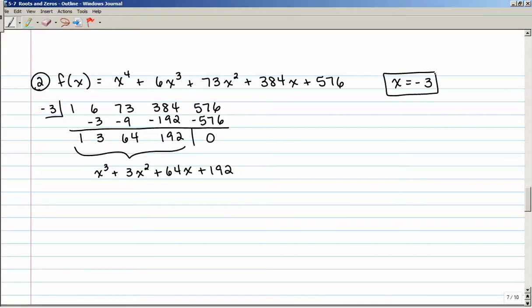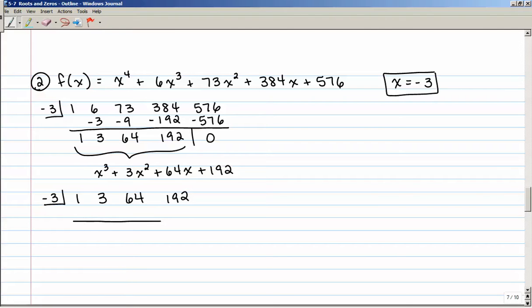Because I knew that x equals -3 was a repeated root, I'm going to go ahead and use that again. And this time I'll use the coefficients of my solution that I got here. So 1, 3, 64, and 192.